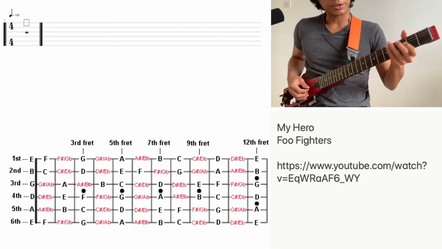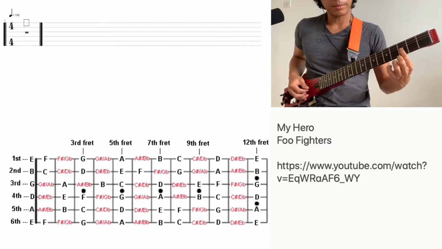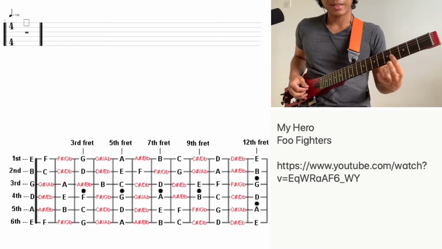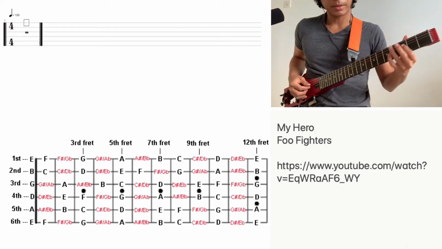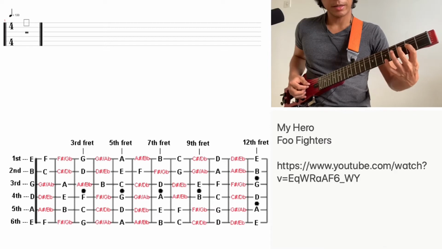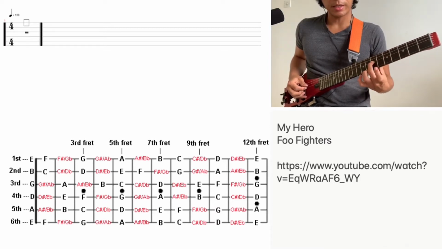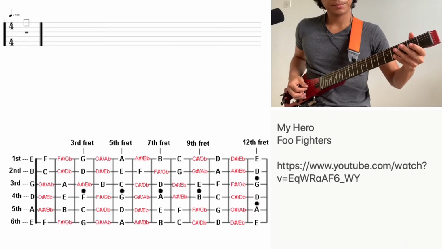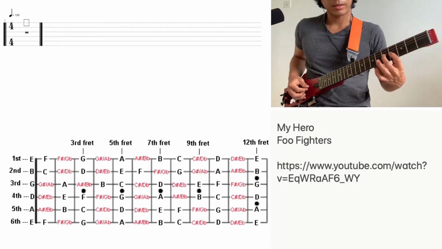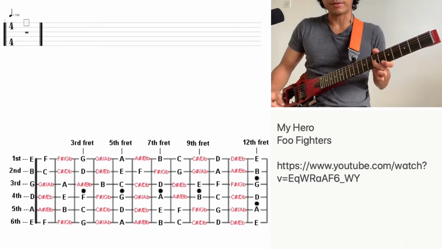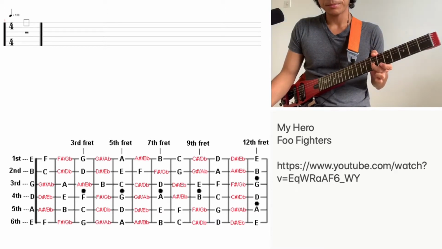So G, A, B, C, and D. So D, E, F, G, A on the 4th string, and G, A, B, C, D on the 3rd string. These notes are important to know, so stop the video if you need to memorize them.